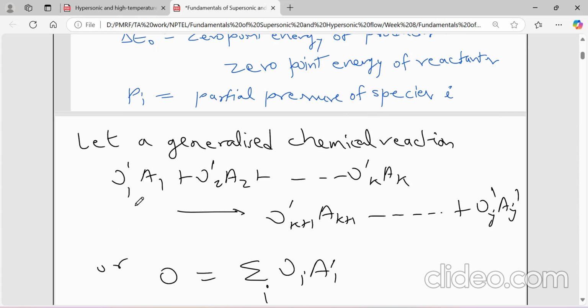It is written as nu1 dash A1 plus nu2 dash A2 plus so on, nu k dash Ak, and it will give nu dash k plus 1 Ak plus 1, nu dash k plus 2 Ak plus 2, and so on, nu j dash Aj, where A1, A2 to Ak are reactants and Ak plus 1 to Aj are products, and nu1 dash, nu2 dash and so on to nu j dash are stoichiometric coefficients of their respective species.